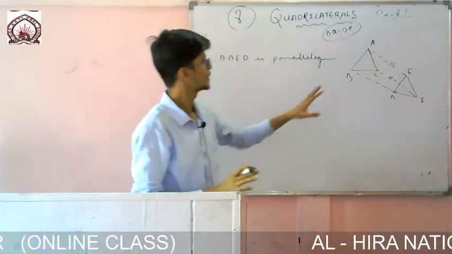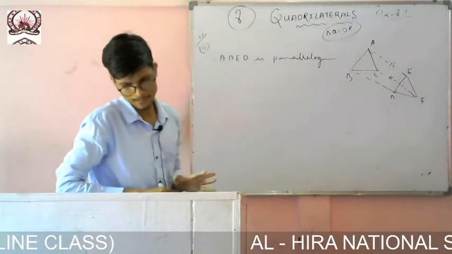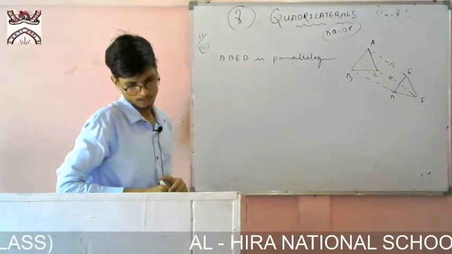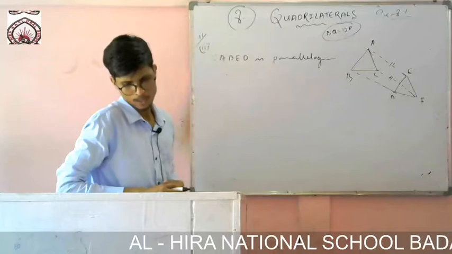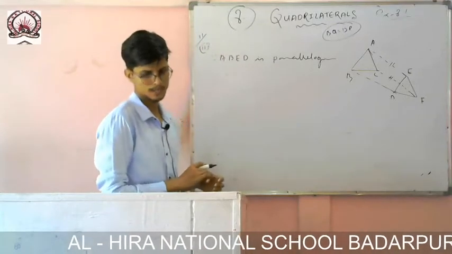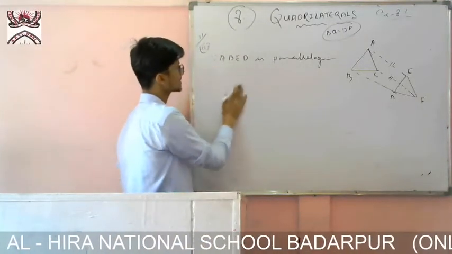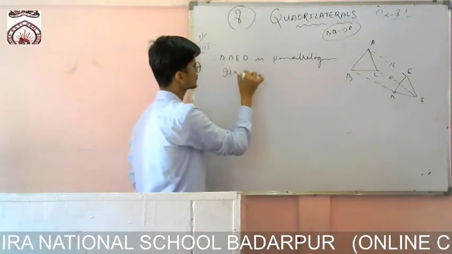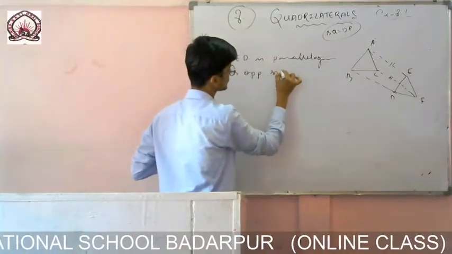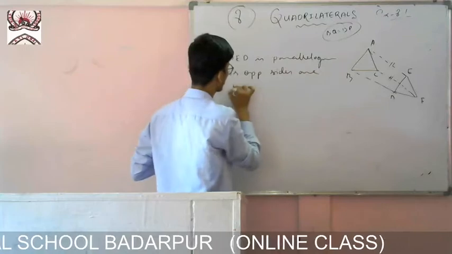Wait, what I have written is that ABED is a parallelogram. If this is a parallelogram, then opposite sides are parallel and equal. So you write, its opposite sides are parallel and equal.